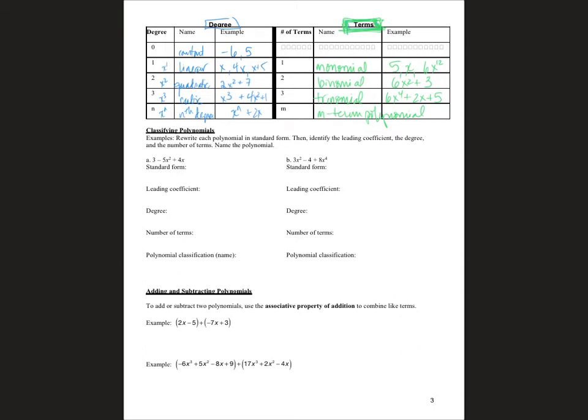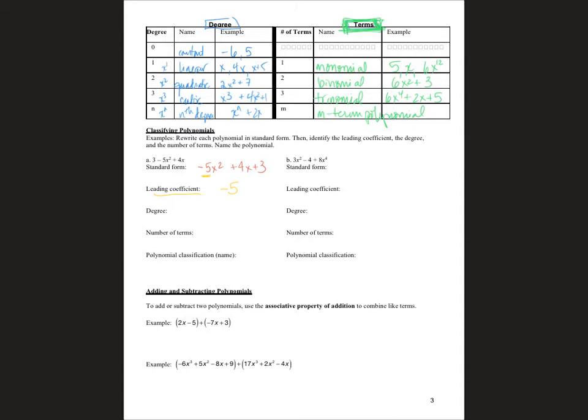So, given a polynomial, first thing you want to do is put it in standard form. So if I were to rewrite this in standard form, highest degree is 2, so 5x squared plus 4x plus 3. That's standard form. The leading coefficient is -5, and that's why you want to make sure you put it in standard form first, exponentially descending order, so you don't accidentally just take the first term. You take the first term if it's written in standard form.